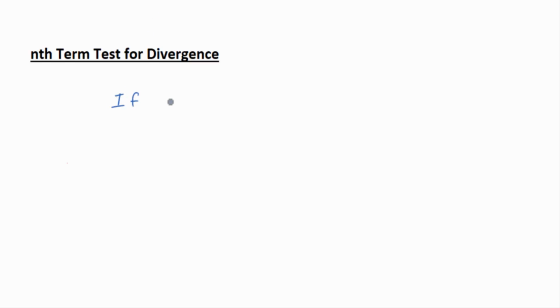Here's a nice short notation. If a n, okay, how could we say doesn't converge to 0? How about just put a line through the arrow? If a n doesn't converge to 0, then the series, n equals 1 to infinity, a n diverges.